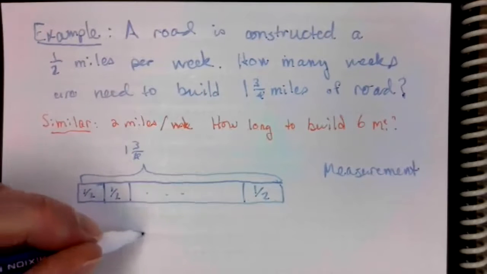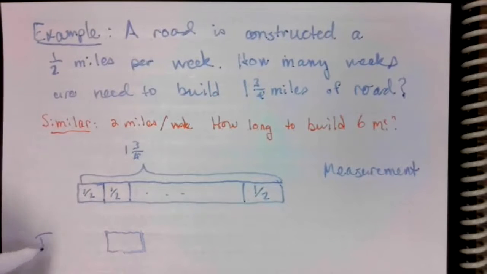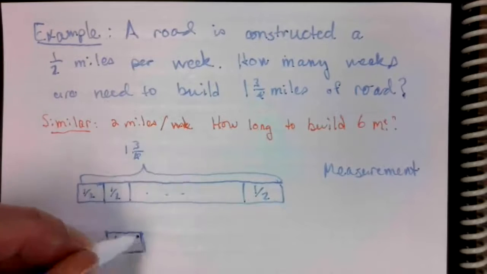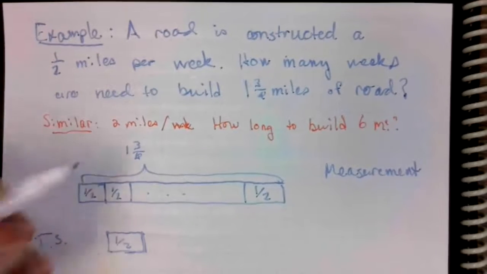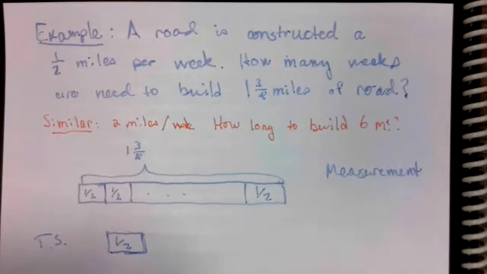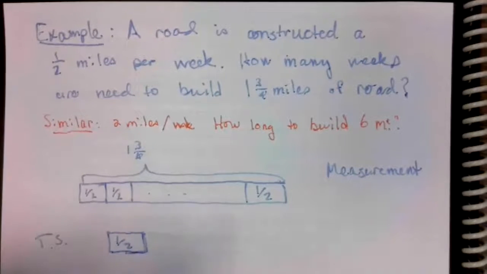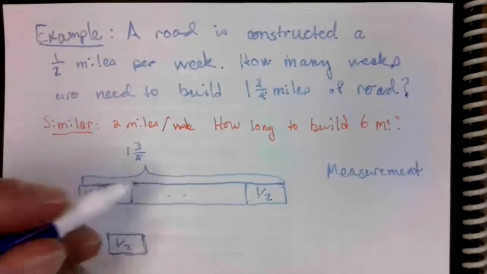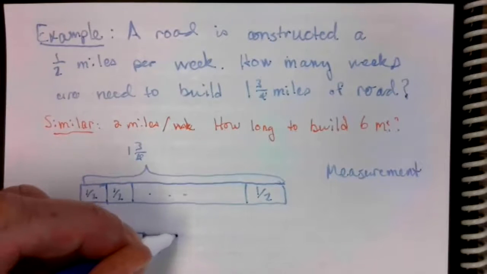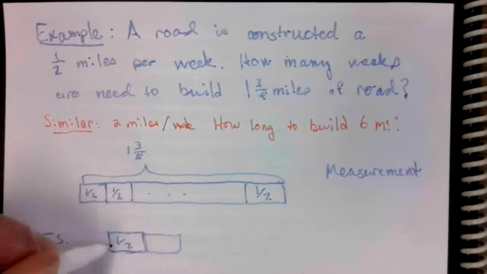Okay, so this is the first week, right? And this is kind of what my teacher's solution is going to start to look like. So 1/2. Okay, do I need to do any more here? What do I need to do? Can I stop? I should keep going, okay, because I haven't gotten 1 3/4 yet. Okay, so that's the first week.